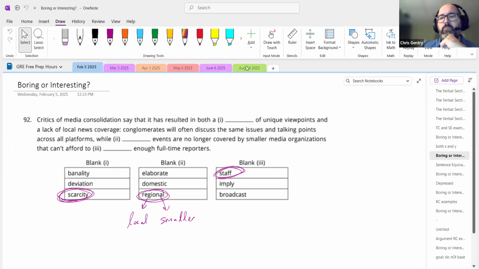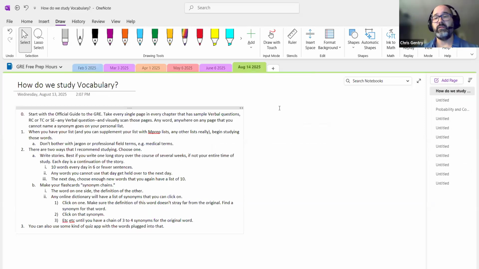So my goal tonight was to just talk about the literal mechanics of studying vocabulary. You can go look at that and now you have two separate vocabulary emphases. And then after we talk a little bit about vocabulary study, we're going to do some combinations and probability work.